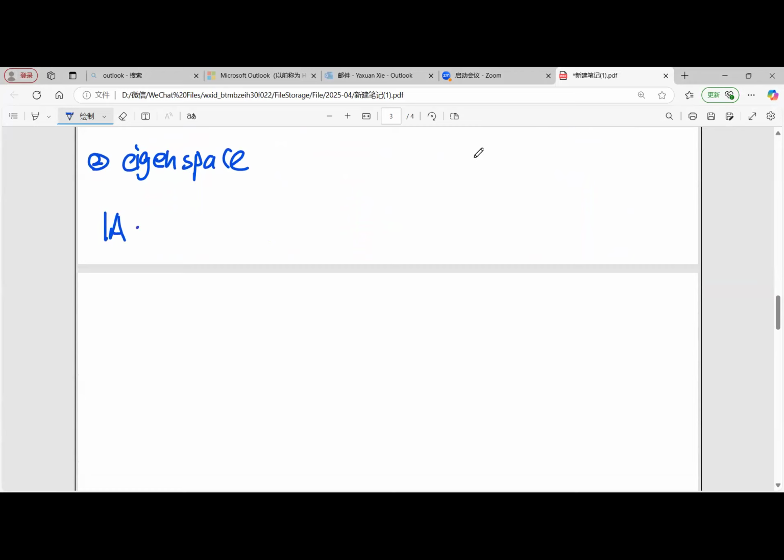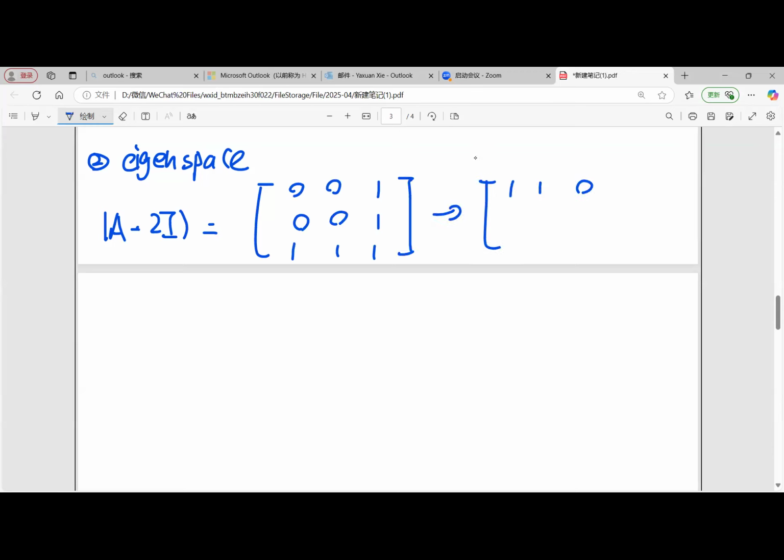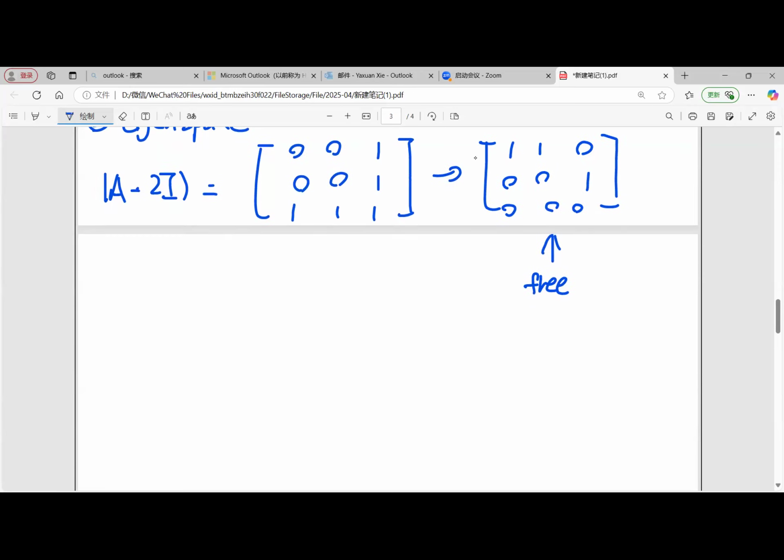Let's calculate A minus 2I. That is pretty straightforward. We can know there is one free variable. So for lambda equals 2, we have geometric multiplicity 1.